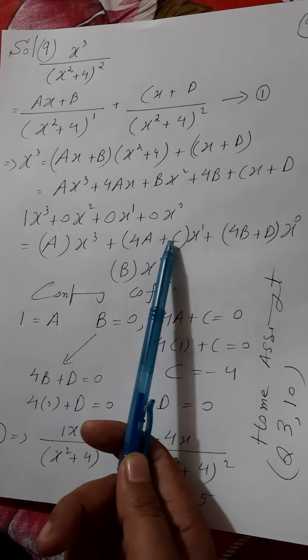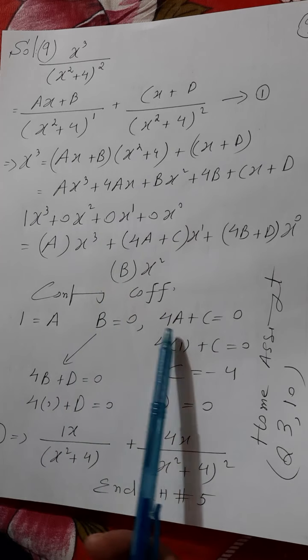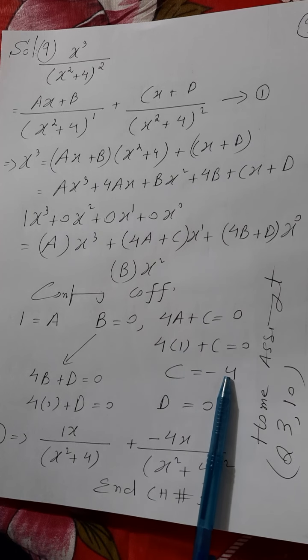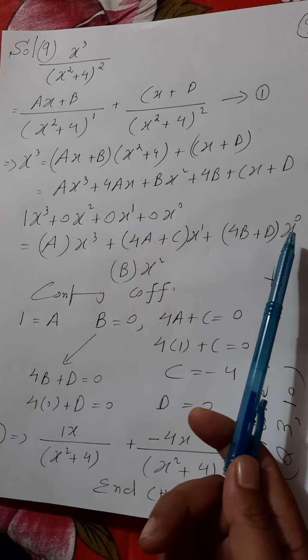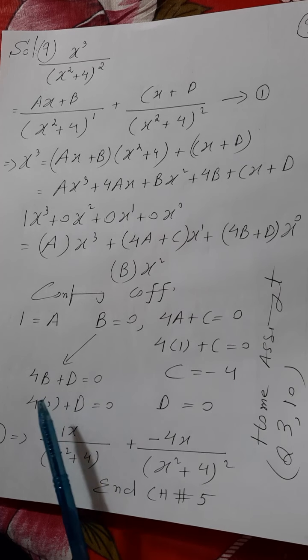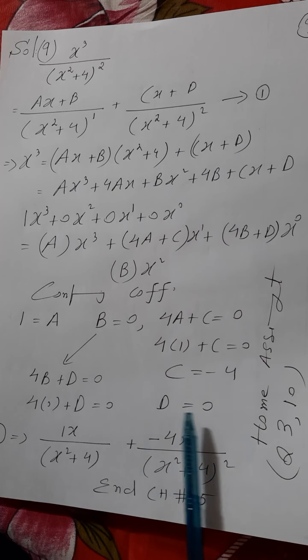Similarly 4a plus c is equal to 0 because the x raised to power 1 coefficient is 0. So in this case a is 1, so c in this case is minus 4, and the coefficient of x power 0 is 4b plus d, and the coefficient is 0, so putting b equal to 0, after simplification d is also 0.